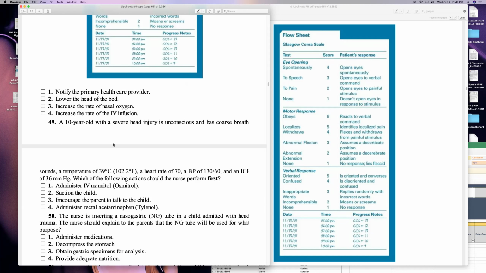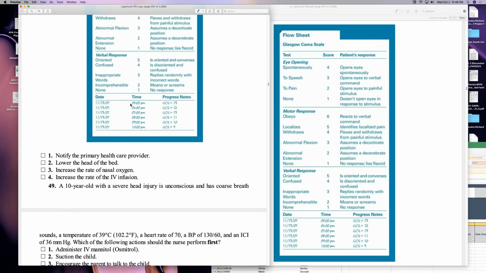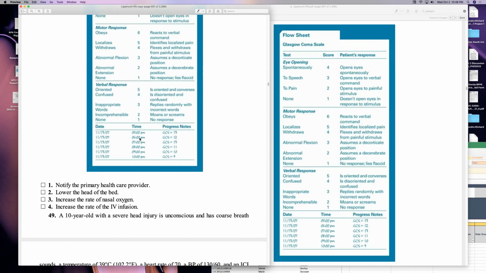I know that we didn't talk about it, but at the bottom of the table, you can see, in today's time of NGN, this would be like the exhibit with the different tabs. Look at this last section and tell me what has happened to this child's level of consciousness throughout the shift. It's going down, right?